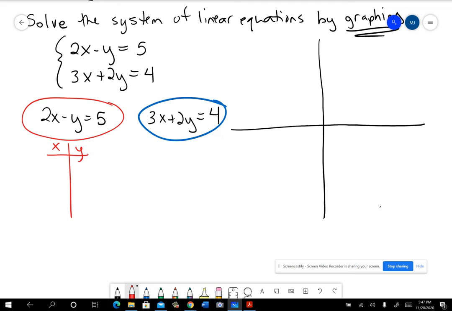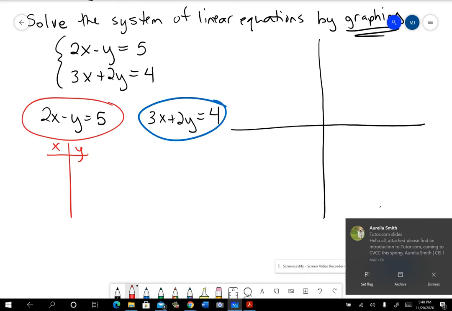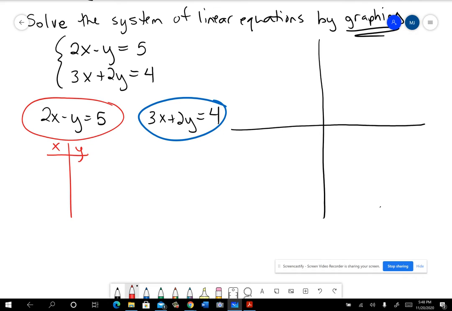All right, so it is up to you to pick what you want in order to find the ordered pairs. And really, you can pick anything that you want and then try to work it out. Okay, so if I put in, for instance, a 0 in the x spot, then that would mean I'd have 2 times 0 minus y equaling 5.